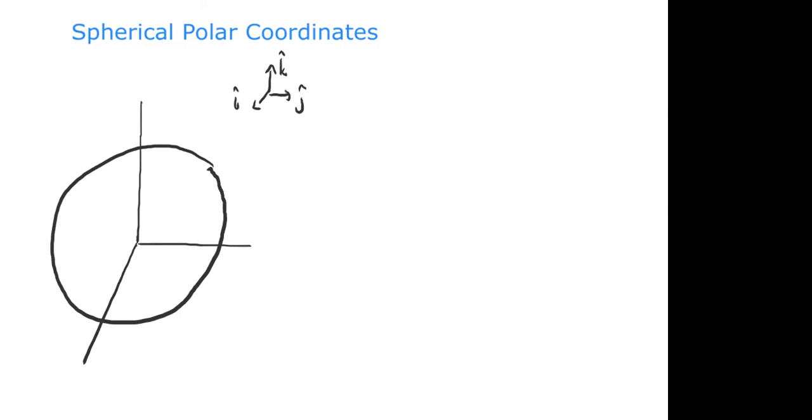So the issue in spherical polar coordinates is you're going to define a position vector, r. We showed in the first 2 lectures exactly what this is. It's i hat times the sine of theta.